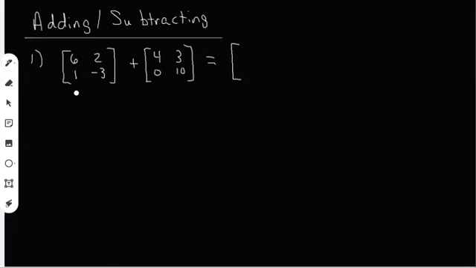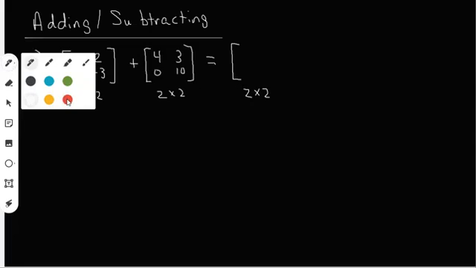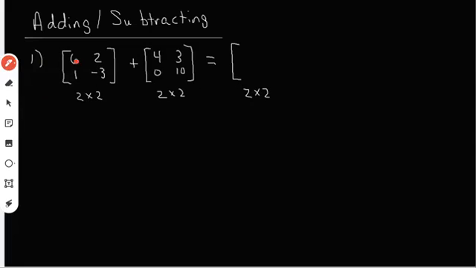Well, first, notice that they're both 2 by 2s. This one is a 2 by 2, and this one is also a 2 by 2. So that means our answer also has to be a 2 by 2. But let me go ahead and change my color to red. We're going to circle the first row, first column.